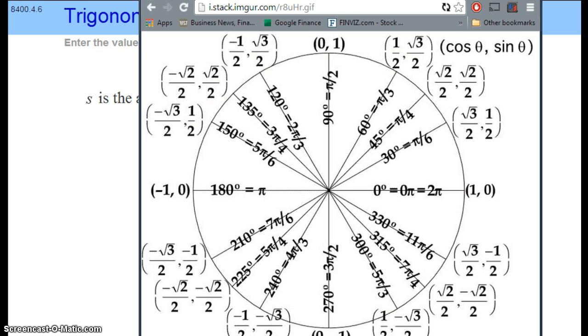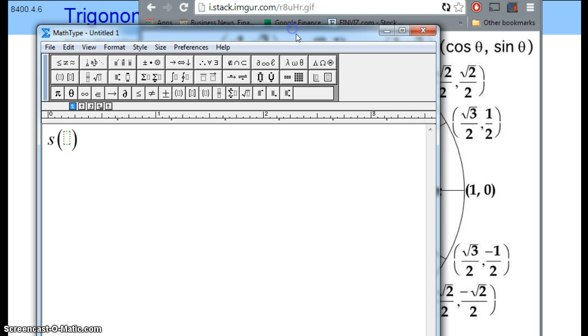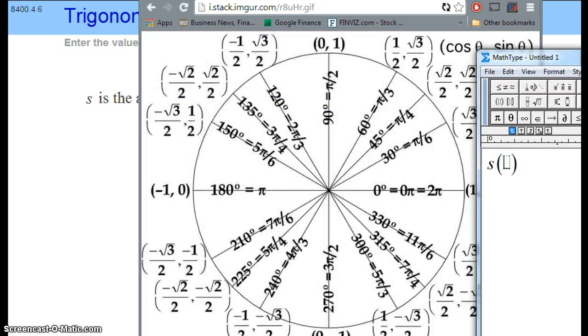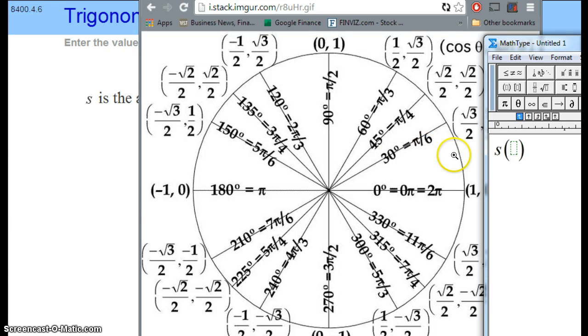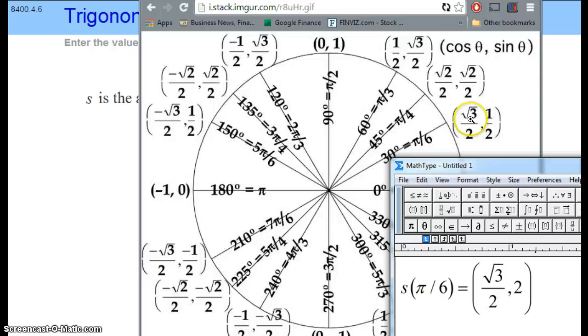In the lecture, they defined it, so this is part of the wrapping function. They defined it as S of, let's pick something. It can be radians or degrees, but I typically talk about radians. So let's say S of pi over 6 equals the point you get to, which is root 3 over 2 comma 1/2.